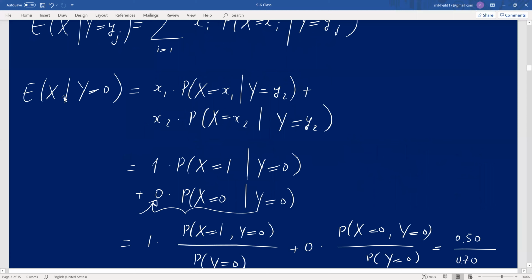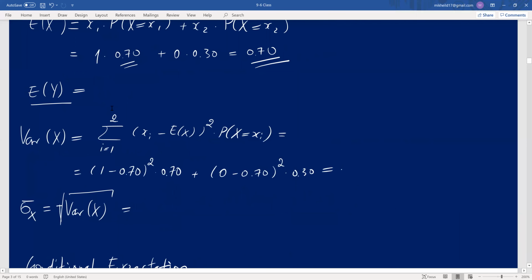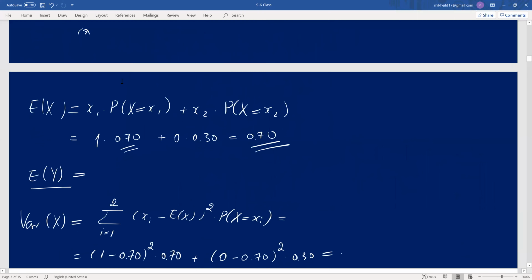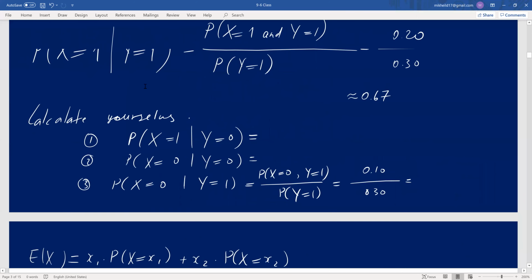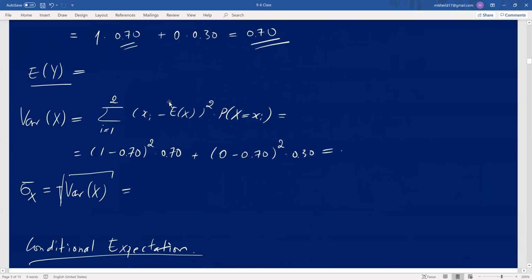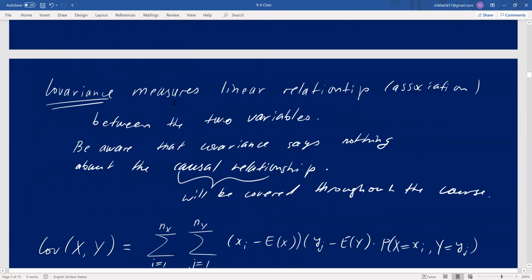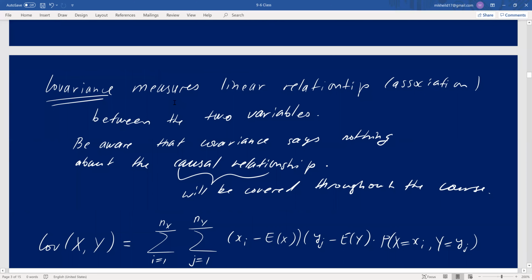I already solved an example of how to find conditional expectation. Above I gave you guys an example of how to find variance, expectation, and also conditional probability.